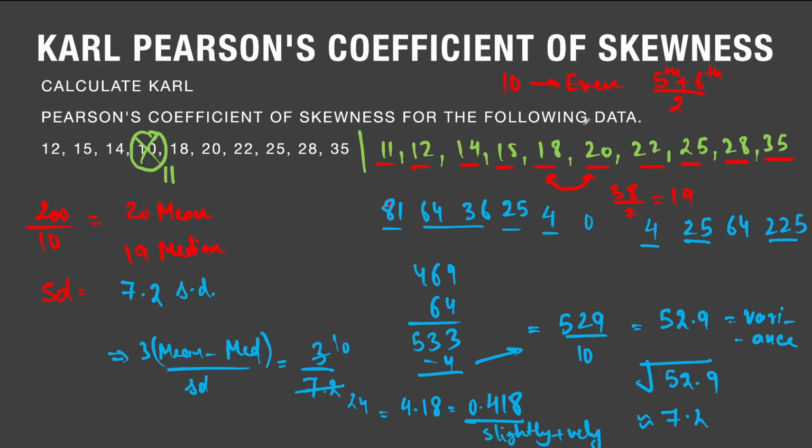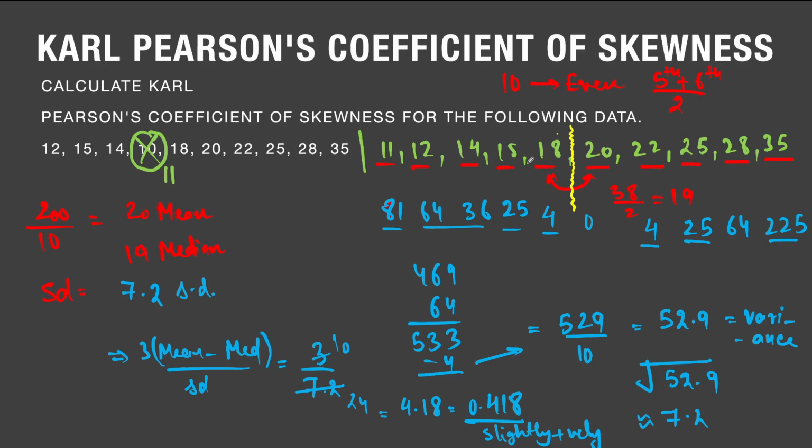The median is 19, and it divides the data towards the left hand side and the right hand side. The values on the right hand side are higher than the values on the left hand side.